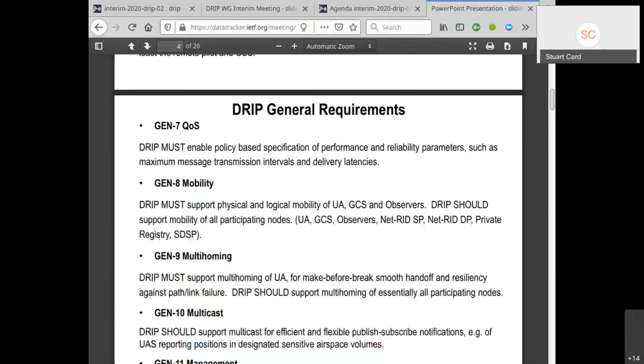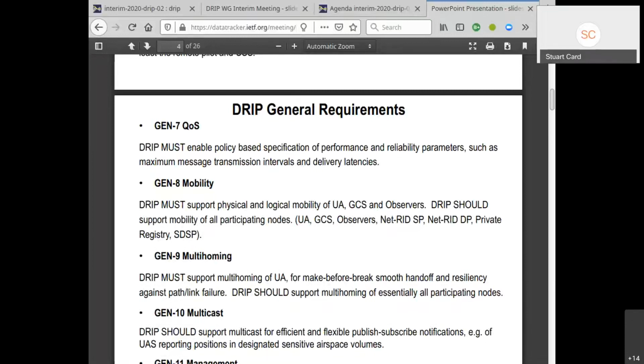Obviously, mobility is central to what we're doing here. That drives a requirement for multi-homing so that you have make-before-break handoff and just general resiliency. Multicast, I've listed it as a should. I've received some commentary that perhaps it should be a must. I was leery of making it a must, even though I'm a huge IPv6 multicast fan and see it as having a lot of applicability.